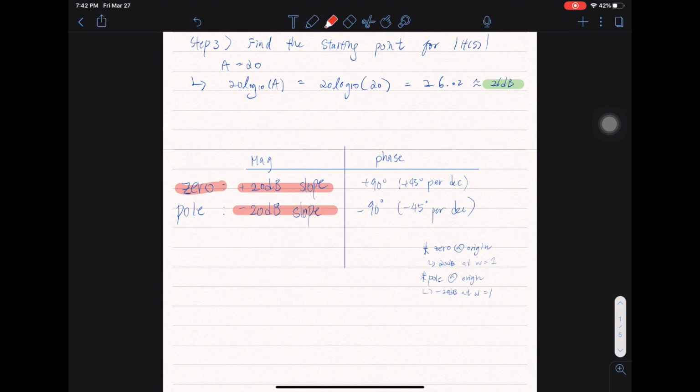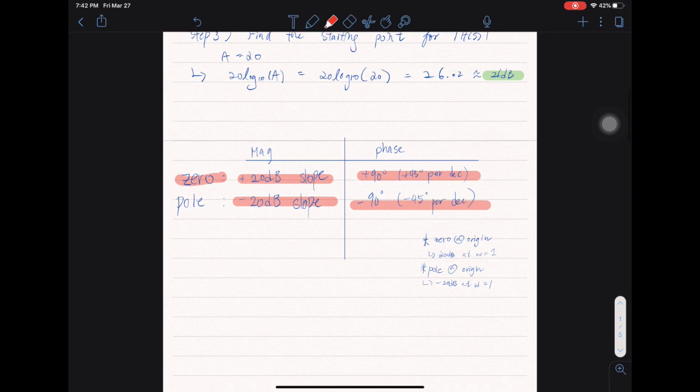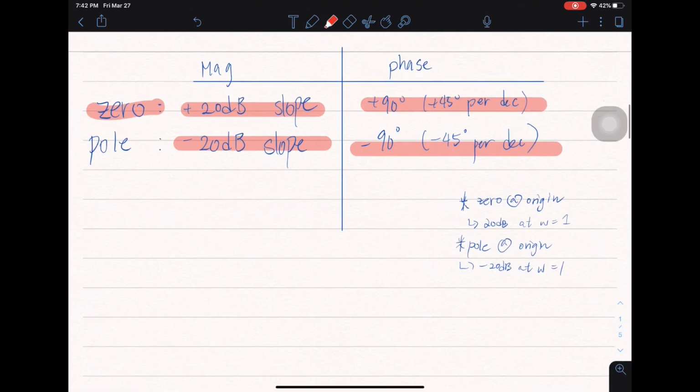For phase, you have a positive 90 degrees, 45 degrees per decade, and negative 90 degrees for poles, and it's going to be negative 45 degrees per decade. And if you have a zero at origin, then you have 20 dB at omega equal to 1. If you have a pole at origin, then you have negative 20 dB at omega equal to 1.